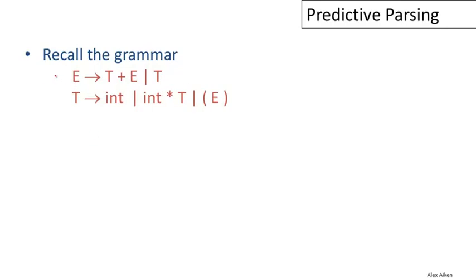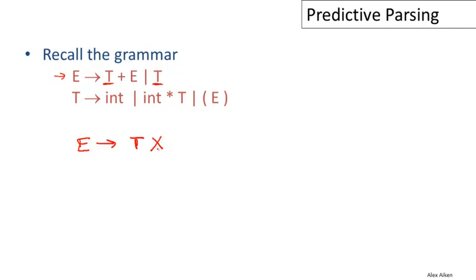Let's do an example. Let's begin with the productions for E. And we can see again that both productions for E begin with the same prefix. And what we're going to do is just factor out that common prefix into a single production. So we're going to have one production where E goes to T, and then we're going to have multiple suffixes. So let's introduce a new non-terminal X that will handle the rest.